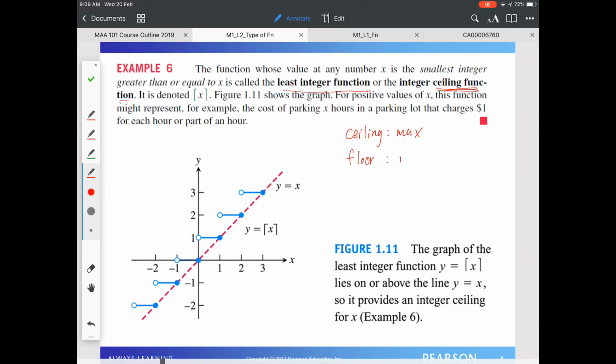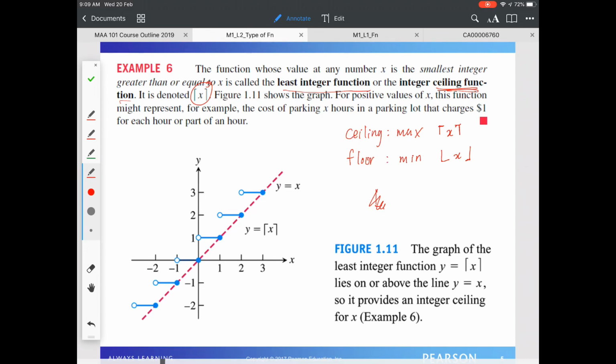The notation for floor is this one, and the notation for ceiling is this one, meaning that you have the square bracket at the top. That is how we indicate ceiling and floor.